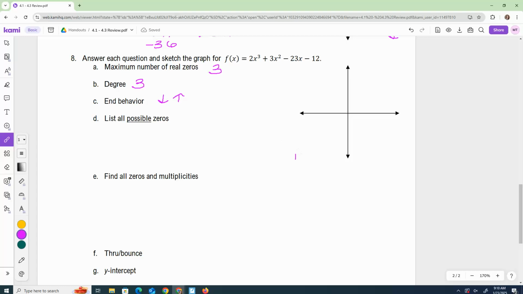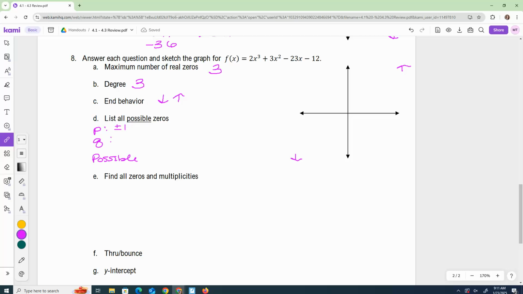Now this one, it's not factored for me to graph, and it's not something I could factor easily. So we would have to do the possible zeros here. This is from yesterday. So remember to do that, we do P, Q, and possible zeros. So what are my P values? Isn't that -12?